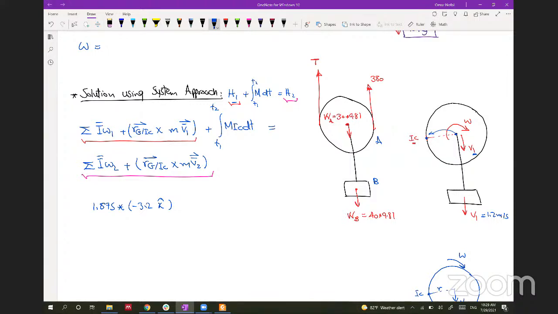Let's get to the second term, plus RG with respect to the instantaneous center. It will be this one. This is RG with respect to the instantaneous center. It has a value of the radius of 0.375, but let's see what is the direction of this cross product.